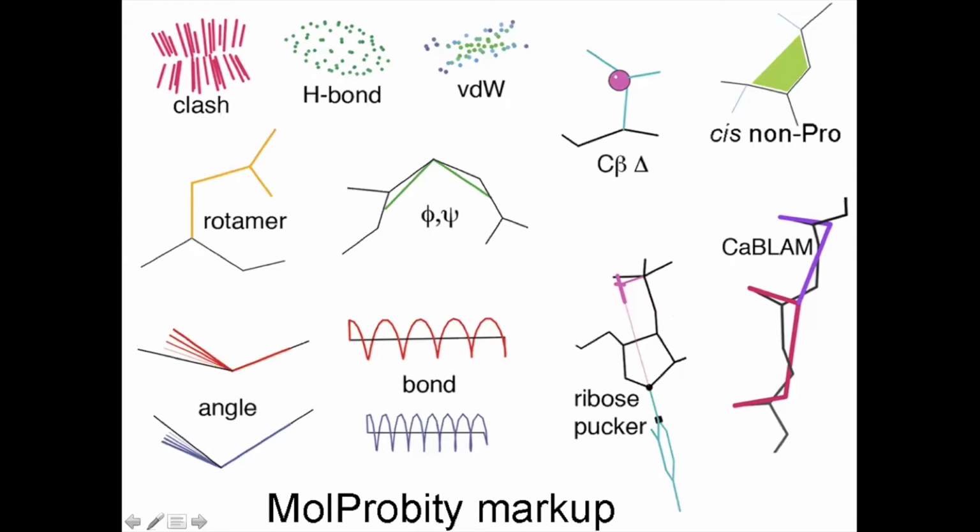It unfortunately doesn't work for DNA. And we'll particularly be talking about CaBLAM outliers, which are marked between adjacent carbonyl directions. So this is just to let you know things that will show up in my later slides often.